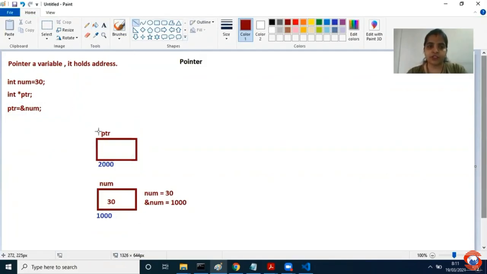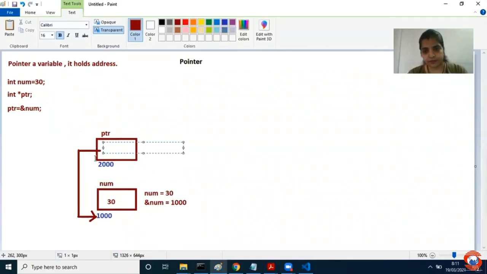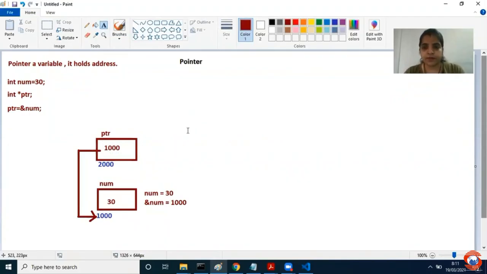A pointer is a variable which points to the memory address of any other variable. That's why we say a pointer is a variable which holds the address. So can you please tell me, now what content should go inside the pointer? 1000. Have you understood up to this point?